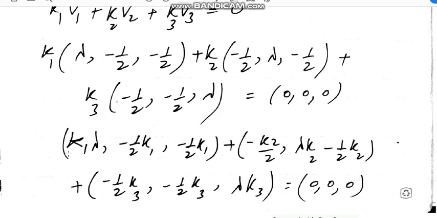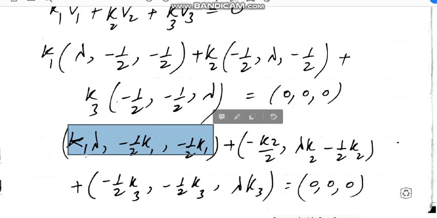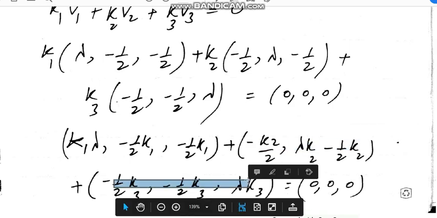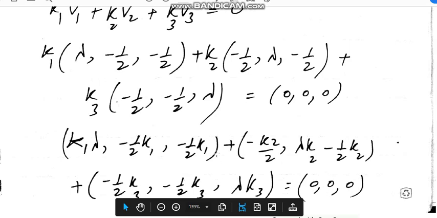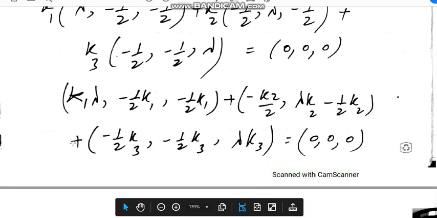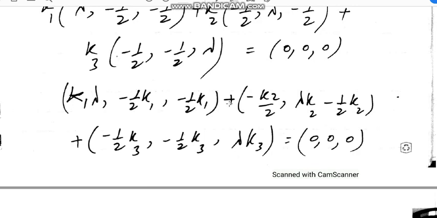You have noticed that this is a triplet of one vector, a triplet of another vector, and a triplet of the third vector. Those are not comparable with this 0, 0 and 0. How will they be comparable? In the next step we will write (k1 lambda minus k2 over 2 minus k3 over 2, comma, minus 1 by 2 k1 plus lambda k2 minus 1 by 2 k3, comma, minus 1 by 2 k1 minus 1 by 2 k2 plus lambda k3).